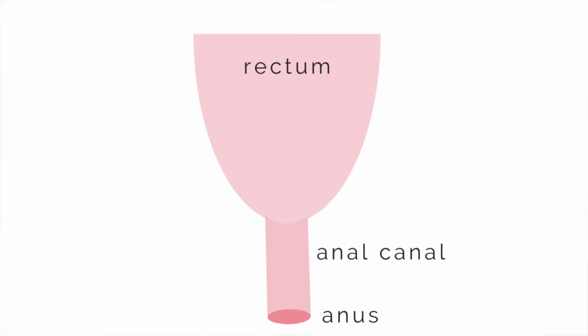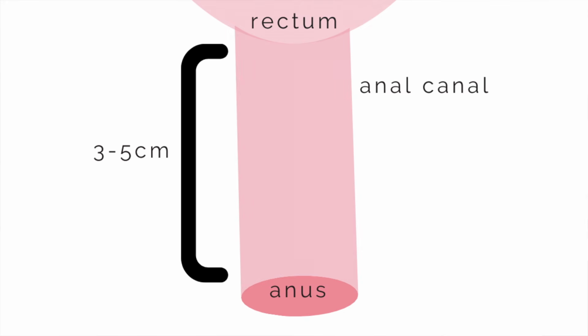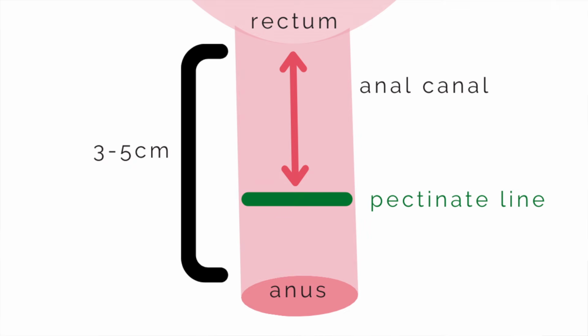Since we are talking about anal fissures, let's zoom into the anal canal and talk more about some of its structures and functions. So the anal canal itself is usually 3 to 5 centimeters long, and it can be further divided by something called the pectinate or dentate line. 2/3 of the anal canal live above the pectinate line, and that tissue is the same tissue that lives in the majority of your digestive tract.